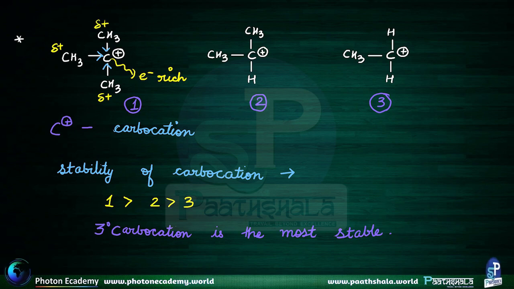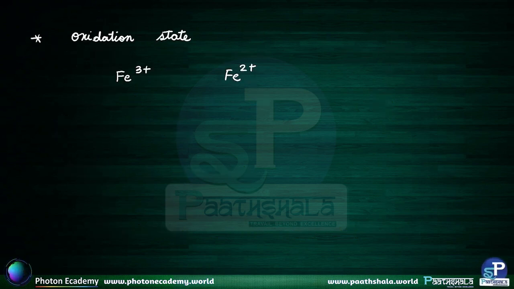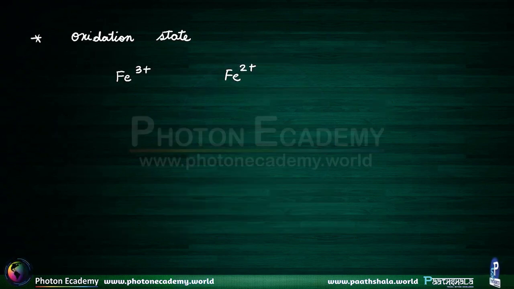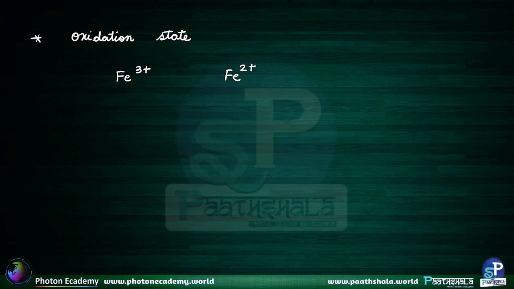Moving on, the next example is on the basis of oxidation state. Now, what we know about oxidation state is that for any compound, for example Fe3 plus here or Fe2 plus here, the more electrons they lose, the more positive charge they gain.